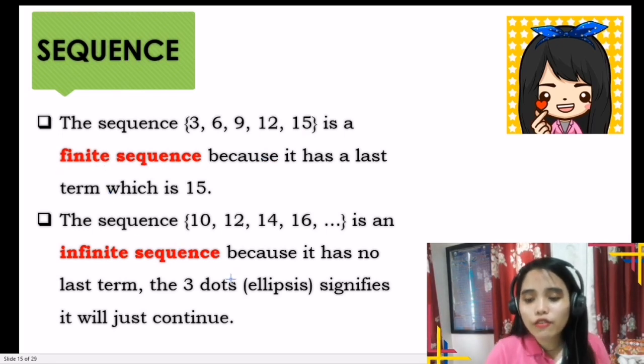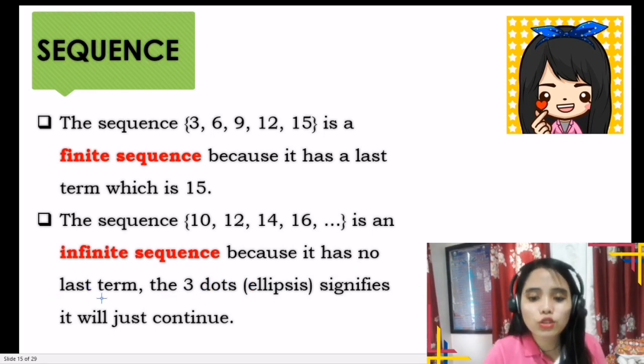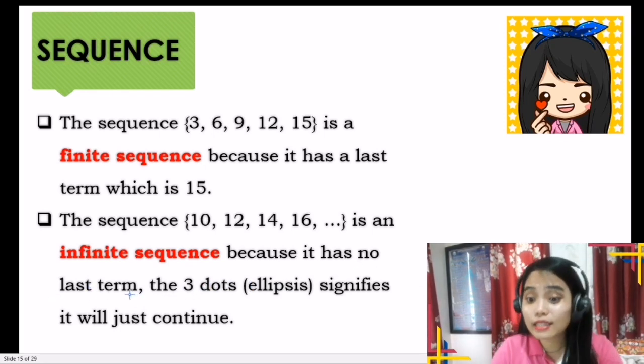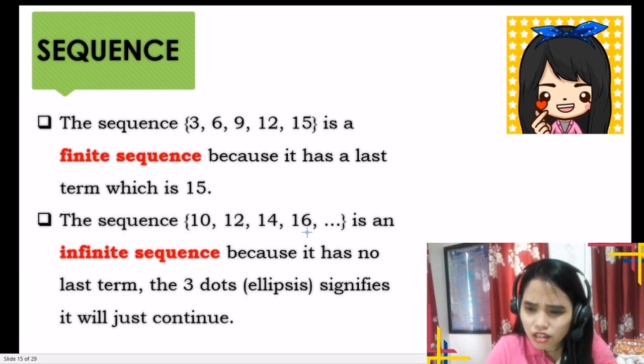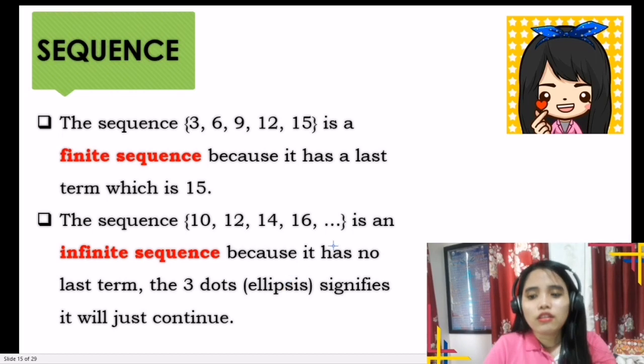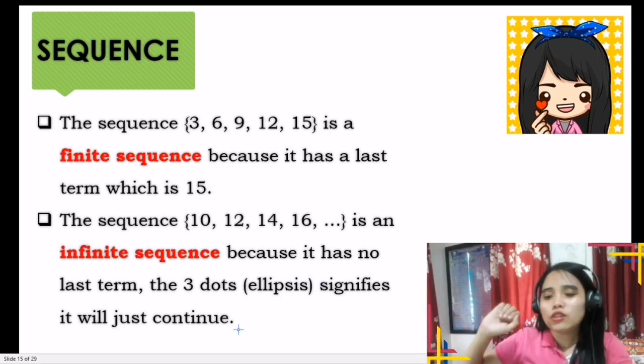Now, if the sequence has no last term, meaning walang last term, okay, just like this, 10, 12, 14, 16, and so on. Tingnan nyo. Kapag may ganyan, ang tawag dyan, 3 dots, yung tawag dyan is ellipsis, it signifies that it will just continue so on and so forth. Okay?